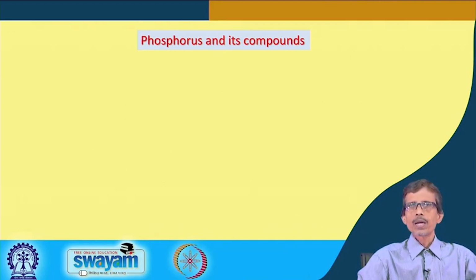But in this class, we will focus our attention on those compounds which can be produced in a large amount, not by our country, but by many other advanced countries like the US, the European countries and China.